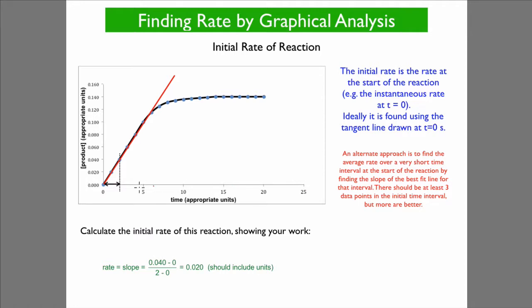And you can see here, you want to use at least 3 data points, even though we've only used 2 here. Well, it includes 0, so it's 3 data points. And then you just work out the slope for the first few data points to find that initial rate.